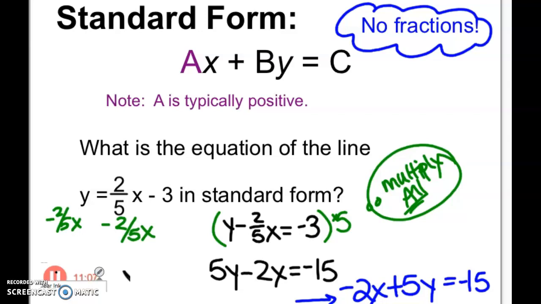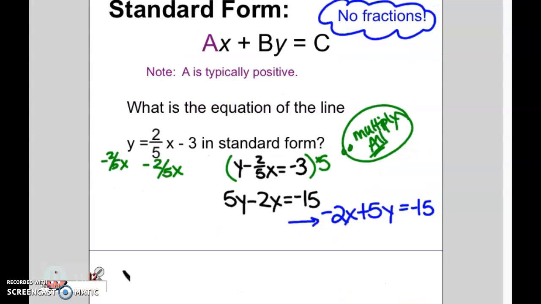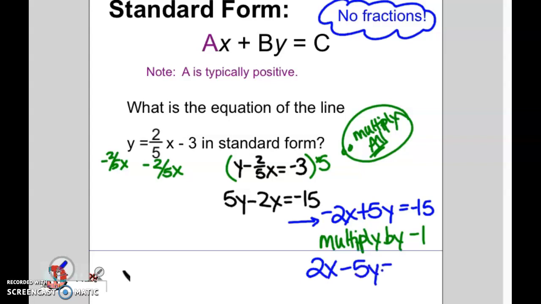So to multiply through by a -1 means you multiply each thing by -1, so the sign for each of them is going to change. Now we have it in standard form. X, Y, A is typically positive. There's no fractions, so we're good.